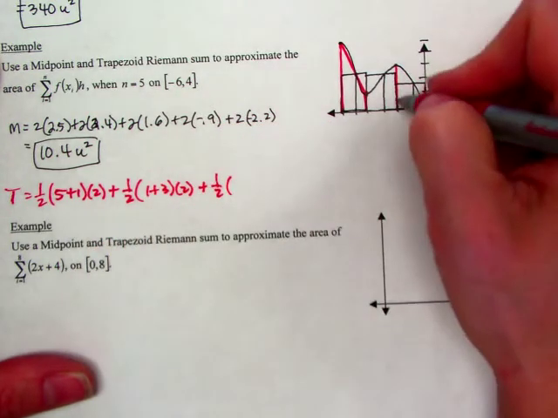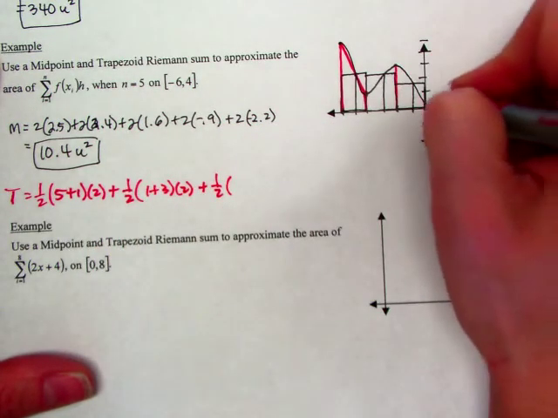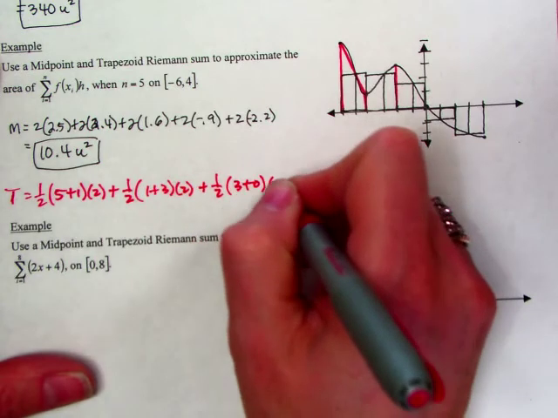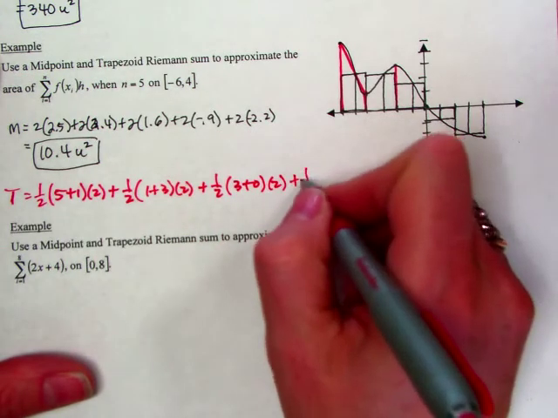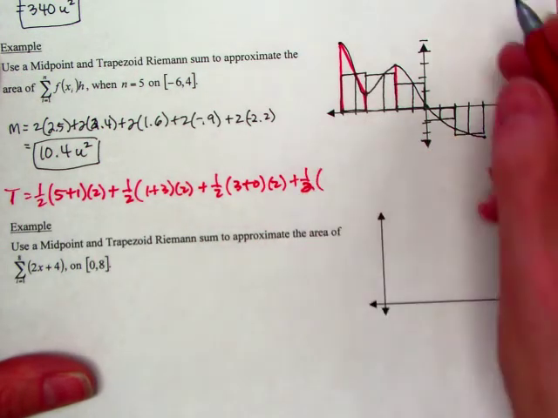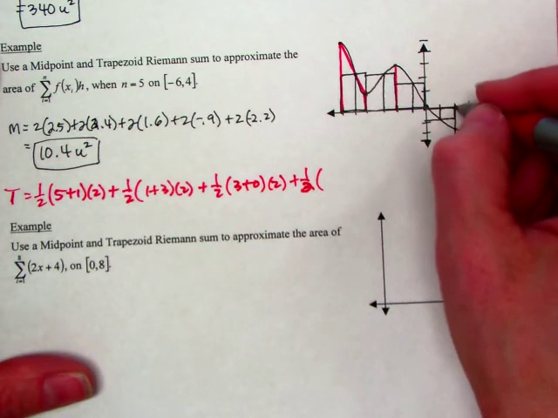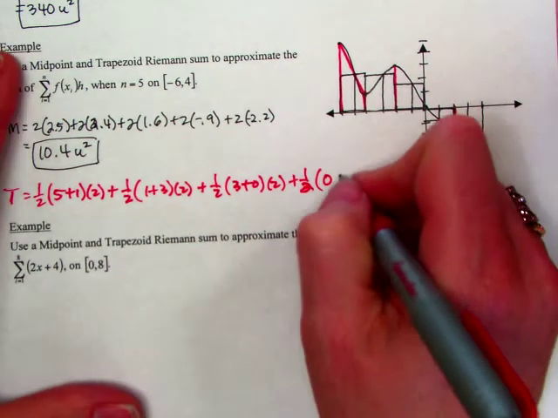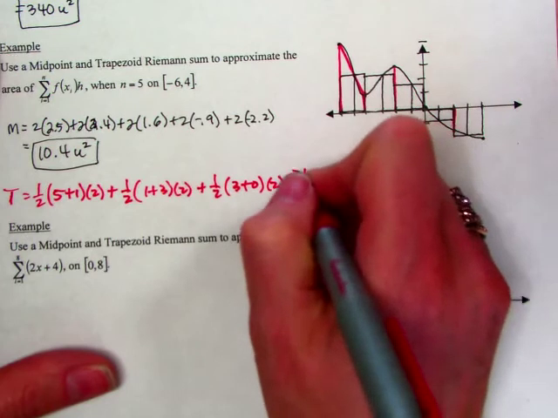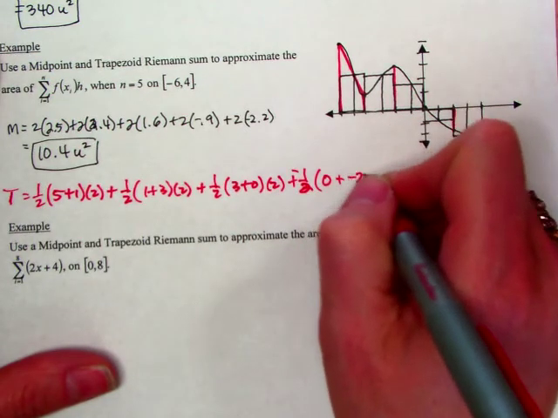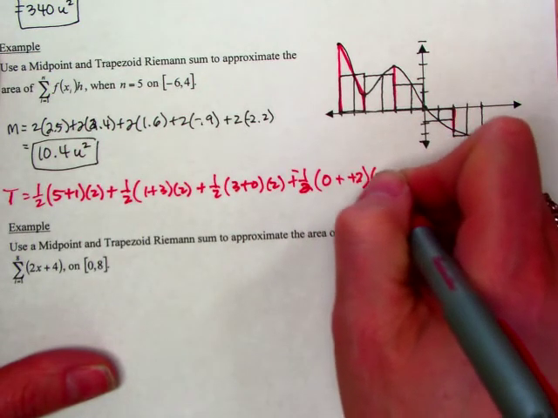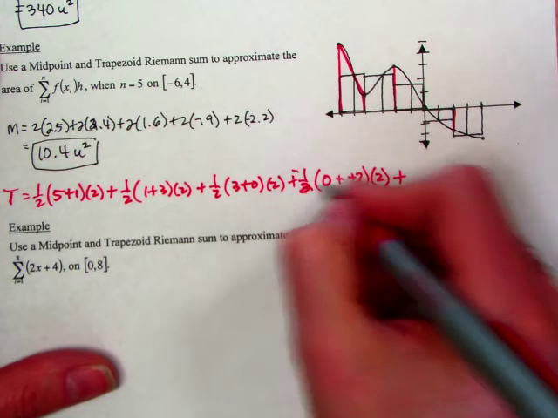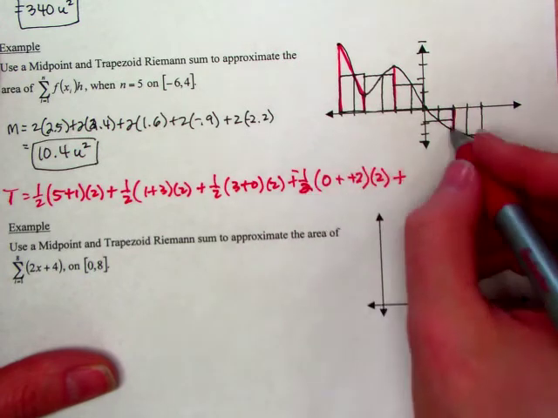This side is 3, this side happens to be 0. Still a width of 2. Whoops, 2. This side is 0, this side is negative 2. And I'm going to put the negative out front to make sure that I subtract all this. And then width is still 2. Because I want to make sure that I minus any areas that are below the x-axis.